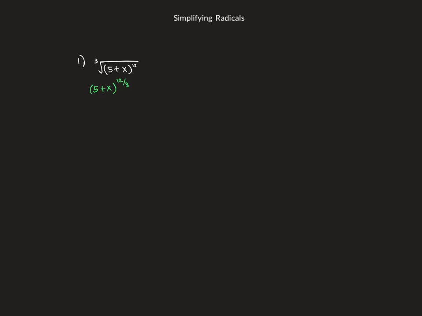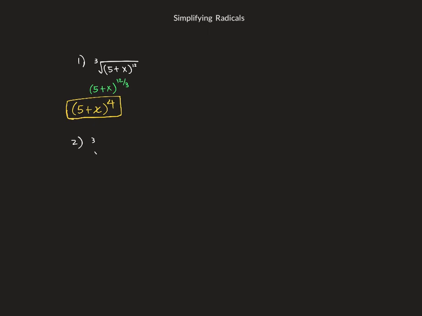And what we have here is 12 by 3, which is divisible. So we are left with 5 plus x to the power of 4. And that will be the final answer. So that first problem was simple enough. So let's take a look at the second problem.